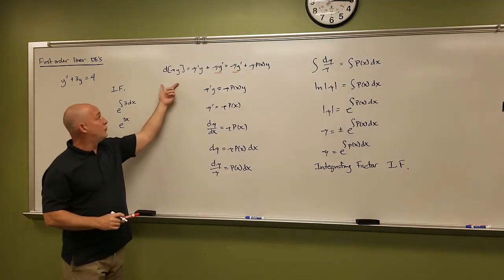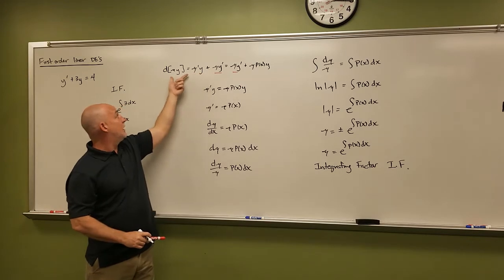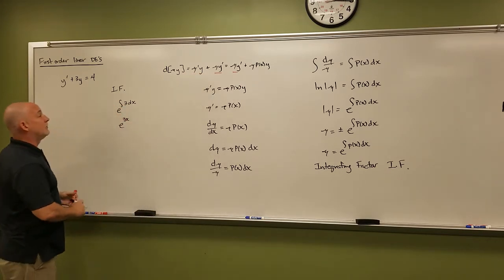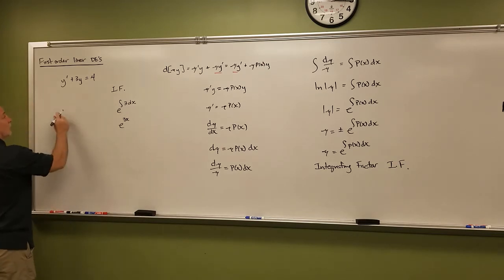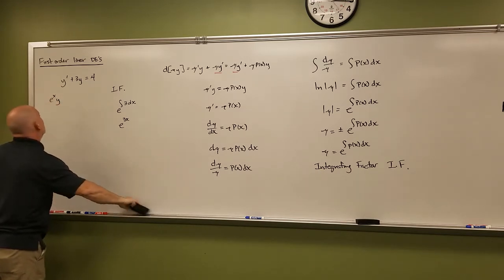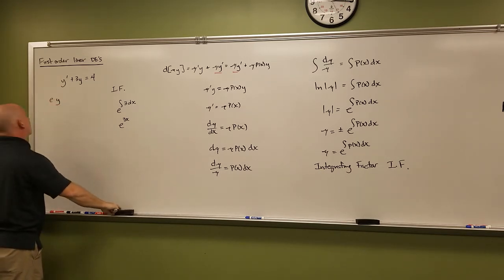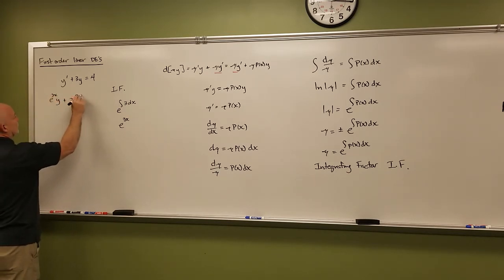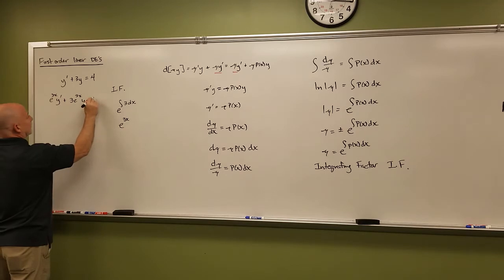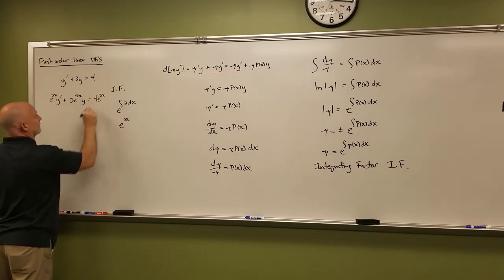Because we know once we multiply the left-hand side by that, it's just the derivative of the integrating factor times the dependent variable. So I'm going to write this step for this first one, and I'm never going to write it again. This is e to the 3x y, plus 3e to the 3x y is equal to 4 times e to the 3x.